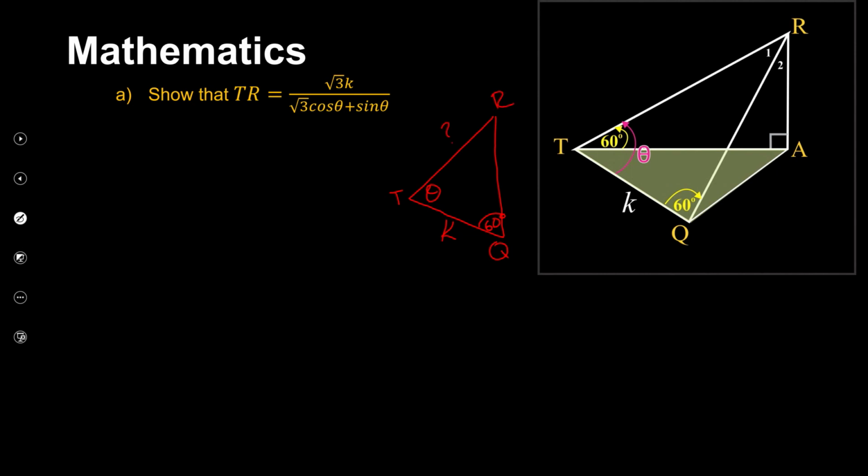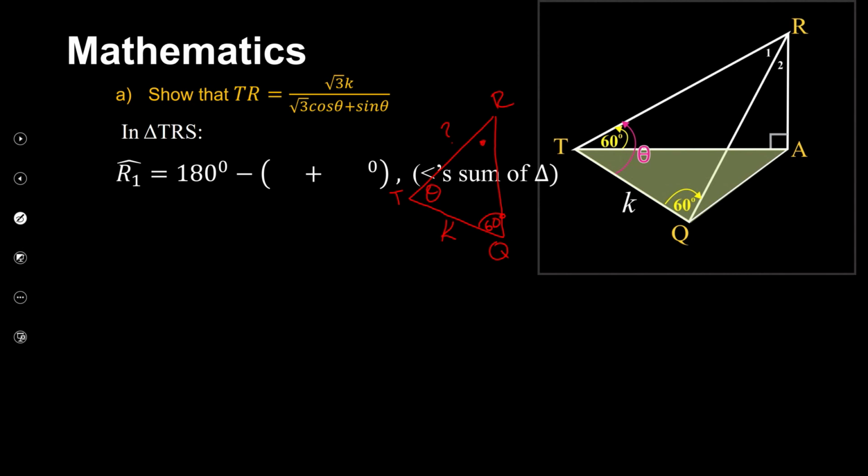We're going to be using the sine rule because we don't have enough information to use the cosine rule. But to use the sine rule, we will need to find this angle first. So let's begin there.